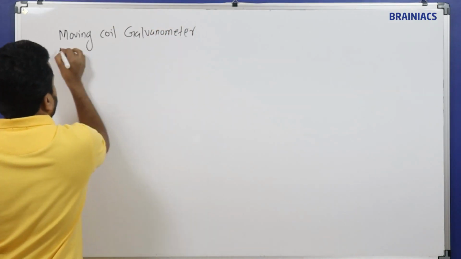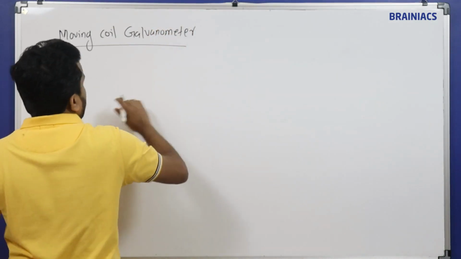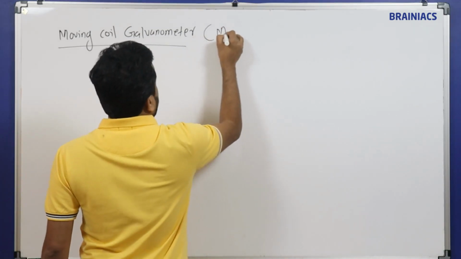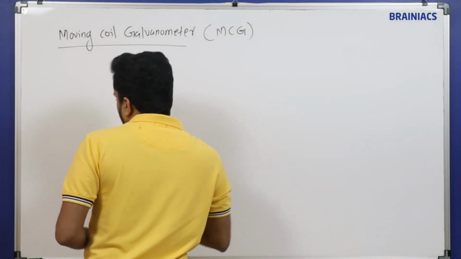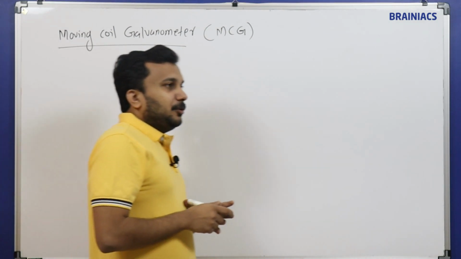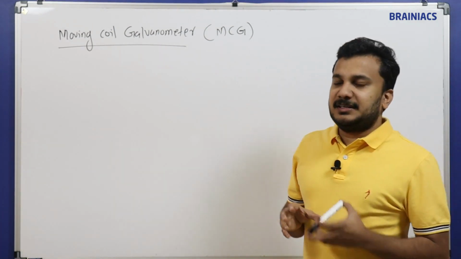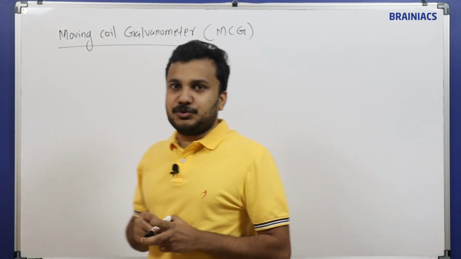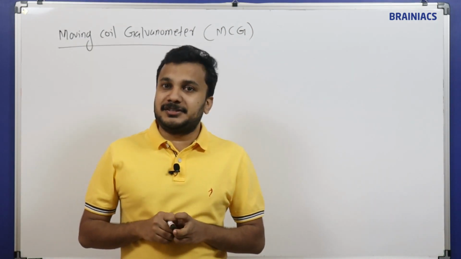Galvanometer. In this whole chapter, in short, I am writing this as MCG, moving coil galvanometer. A galvanometer in general is a generic device which is used to measure voltage, current and resistance.